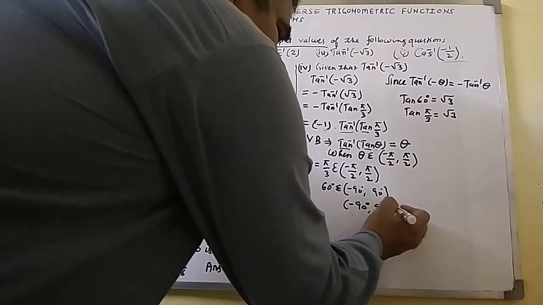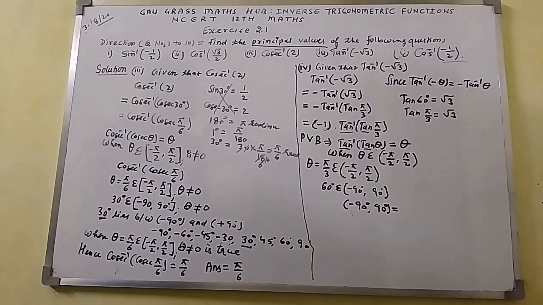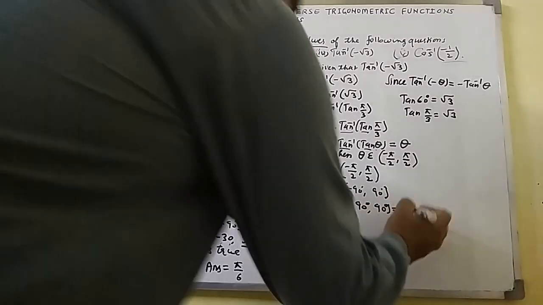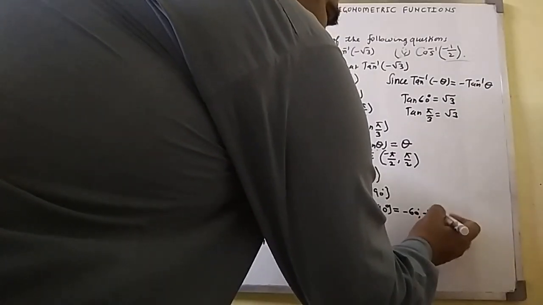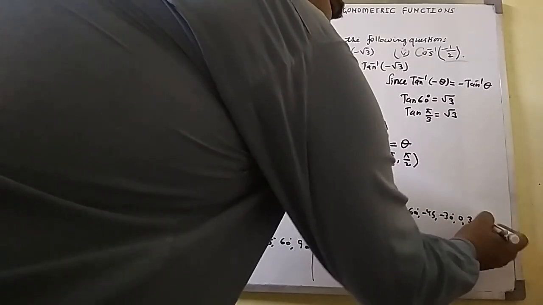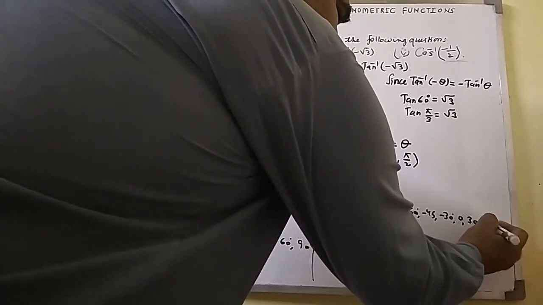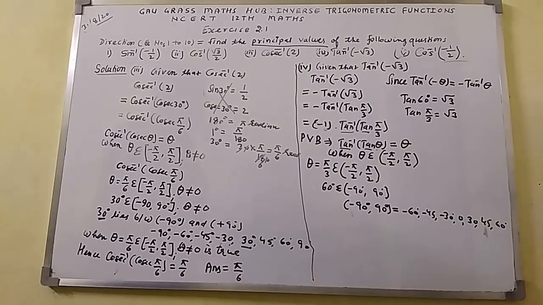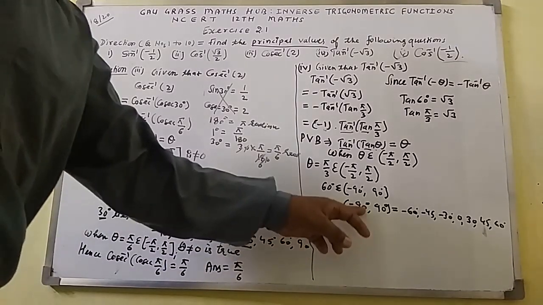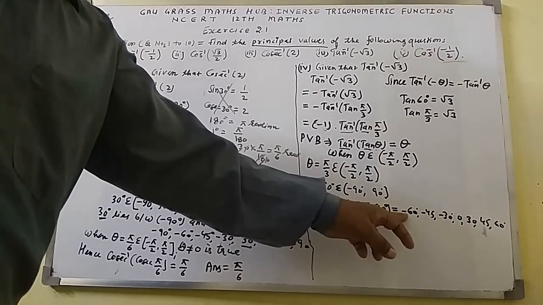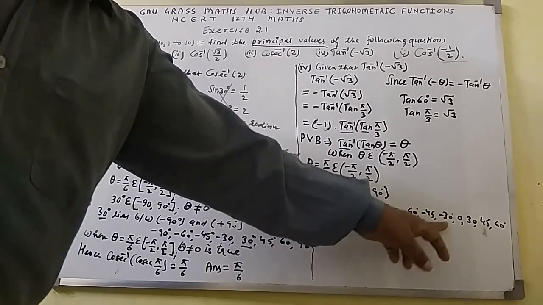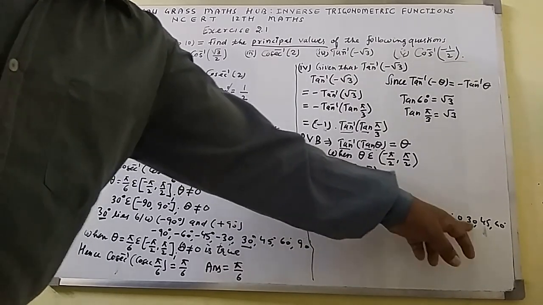So I have written only minus 60 degree, minus 45 degree, minus 30 degree, 0, 30 degree, 45 and 60 degree, because in the open interval minus 90 degree is not included.